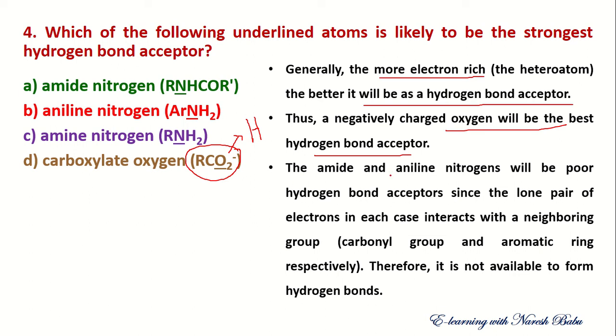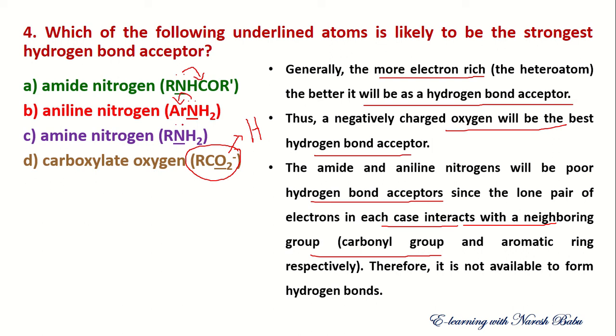If you see the amide and aniline nitrogens, they will be poor hydrogen bond acceptors, since the lone pair of electrons in each case interacts with a neighboring group, a carbonyl group or an aromatic ring. Therefore, it is not available to form hydrogen bonds. The lone pair of electrons on the nitrogen atom shifts to the carbonyl group in the amide, and towards the aromatic ring in the aniline nitrogen.